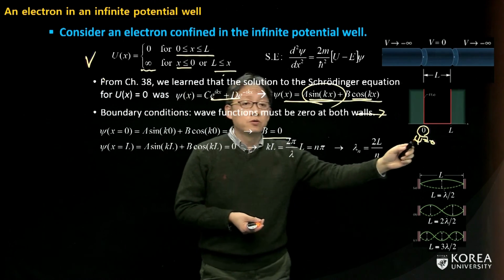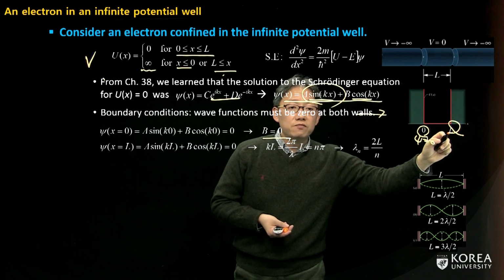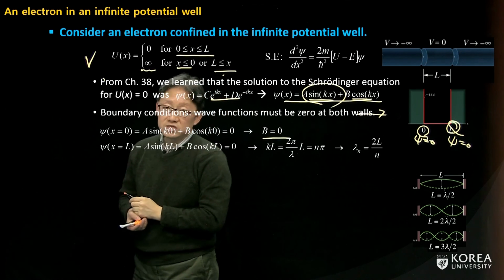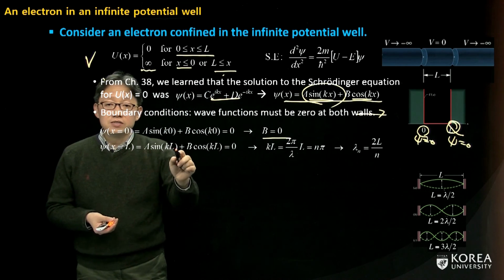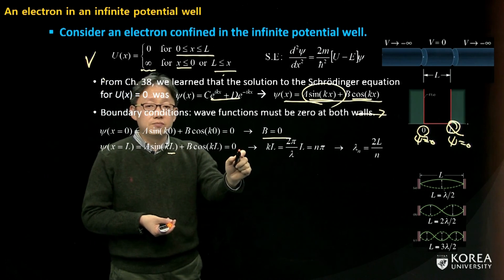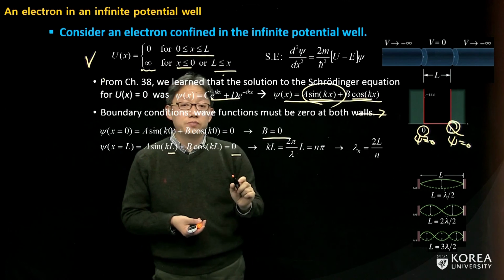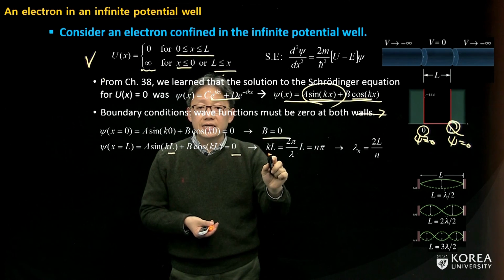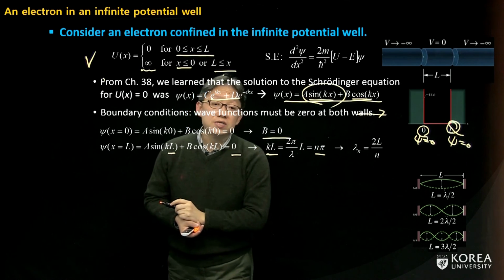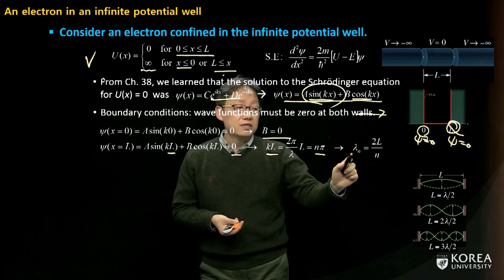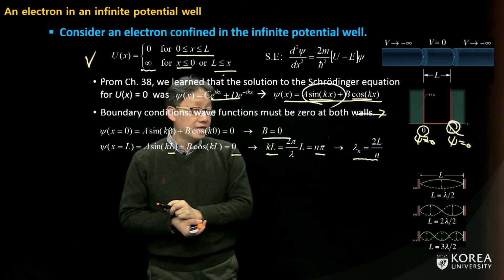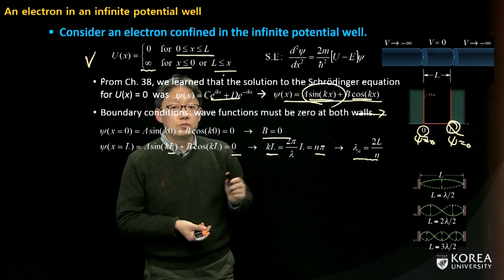On the right side, the wave function again has to become 0 due to the confinement principle. If you insert x equals L into the equation, this also has to become 0. From there we conclude that k multiplied by L must be an integer multiplied by pi. So we get the relation for the wavelength of any standing wave inside this infinite potential well, which can be written this way.